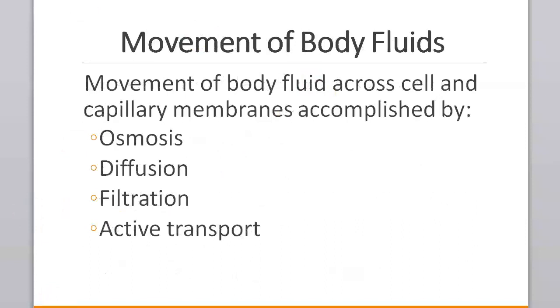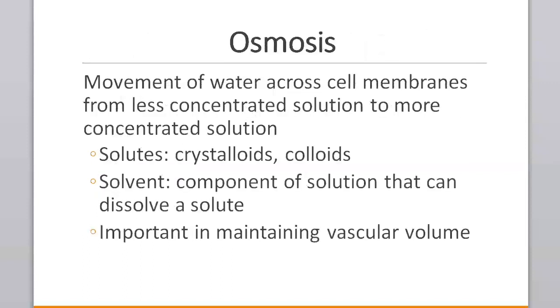A lot of our bodily processes and the movement of bodily fluids go across cells and capillary membranes, and that's accomplished by these processes of osmosis, diffusion, filtration, and active transport. So let's look at each one of these individually. And a lot of this is review.